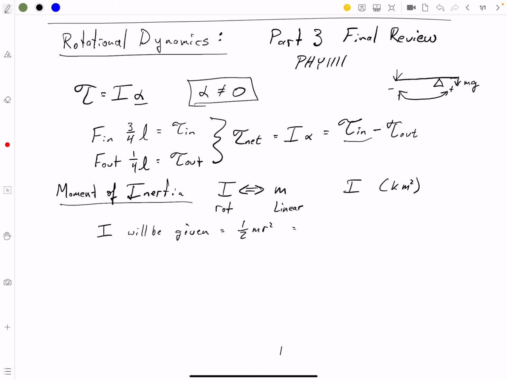Or it'll just be a straight up number, 400 kilograms meters squared. Okay, so we're going to have something of that nature to work with.